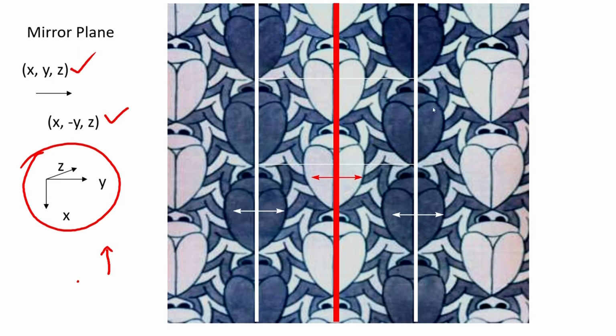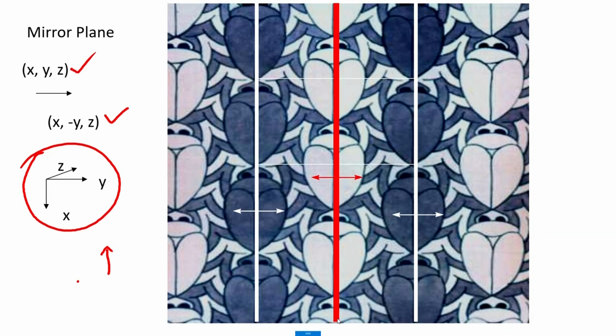So, what happens in this particular case is that there is a plane which passes through the center of this beetle, and you see that the right hand side of the beetle is identical to the left hand side of the beetle, and this goes through the entire motif, and so we define what we call a mirror plane.